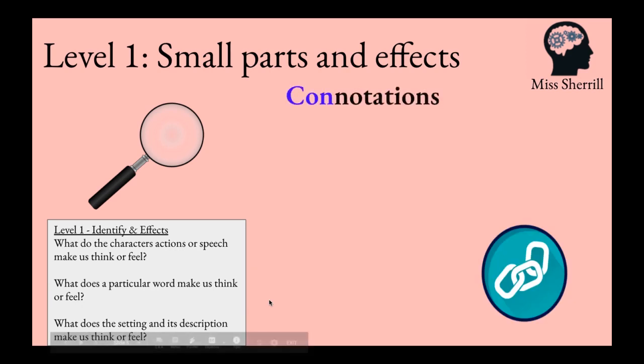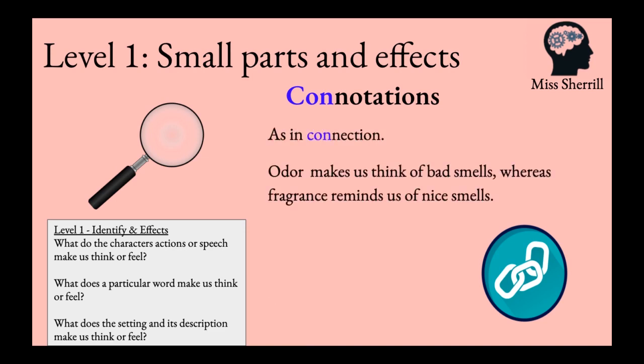So we want to look at connotations. And when you think of connotations, think of it as a connection. So odor, what does that make us think? Odor makes us think of bad smells, whereas fragrance reminds us of nice smells. So connotations are a connection that our mind makes to something else.